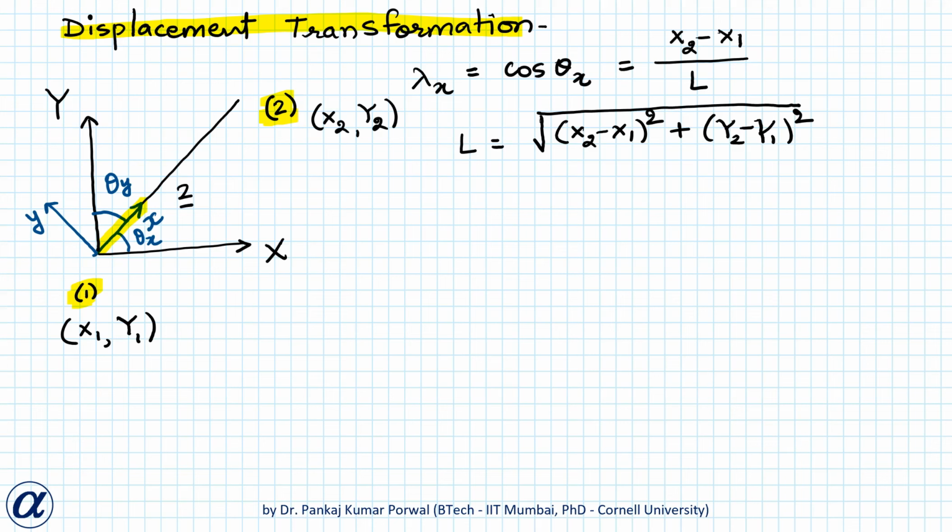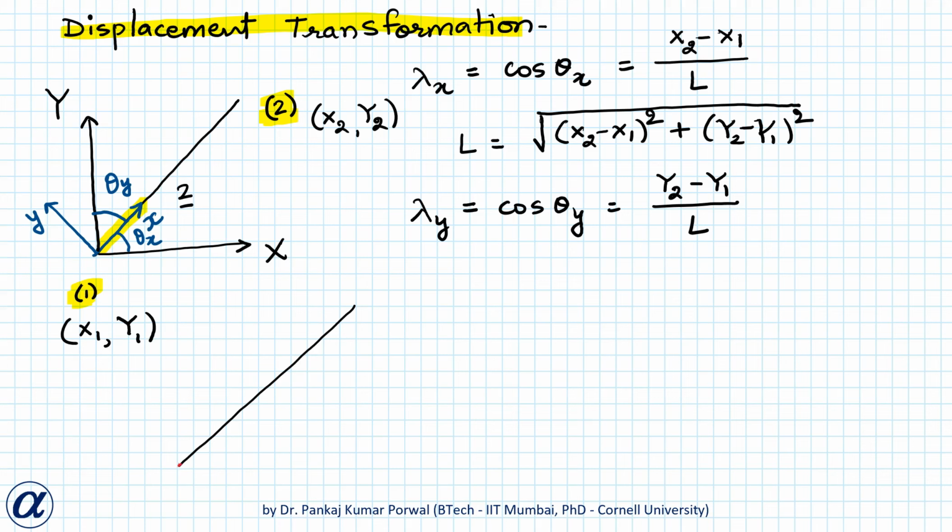Similarly, lambda y can be written as cos theta y equals y2 minus y1 upon L. Using these direction cosines, we can relate the nodal displacements in the local coordinate system and nodal displacements in the global coordinate system.